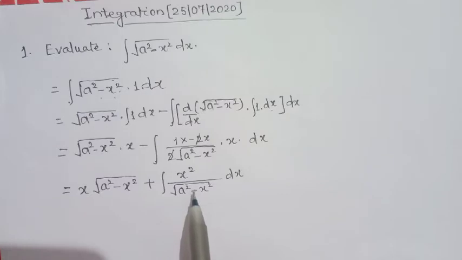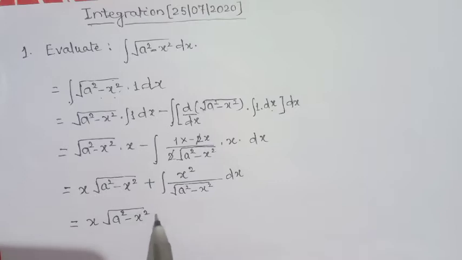In the first step, I write here x under root a square minus x square plus, see here, this should be written as a square minus a square plus x square.